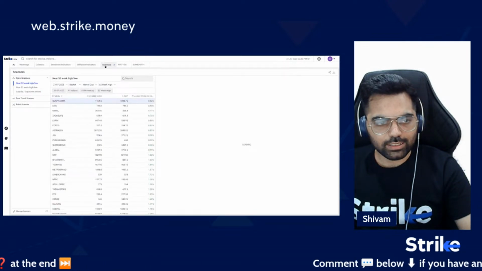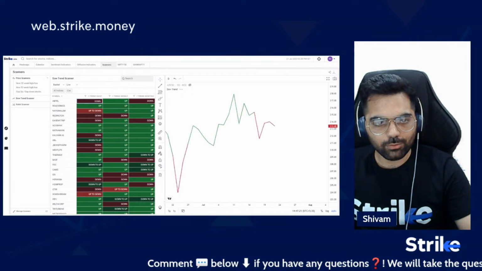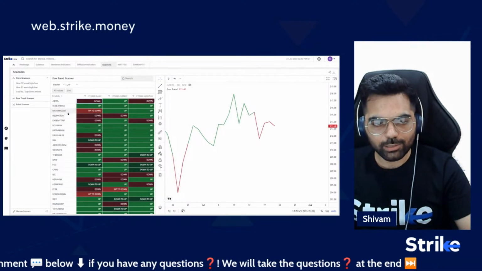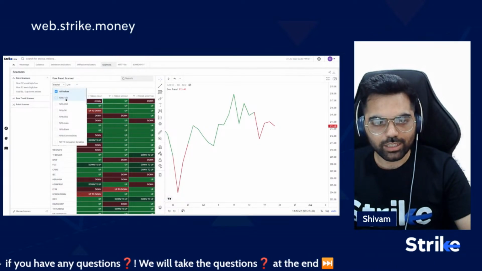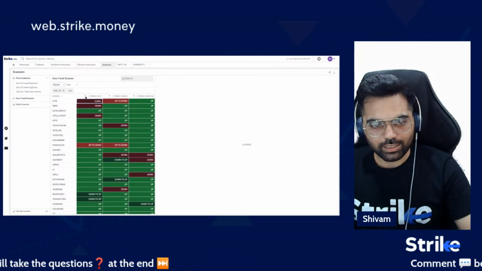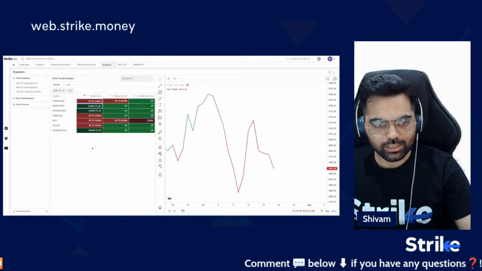Next, let's have a look at scanners. Let's see what stocks are showing us any downtrend reversals based on the RMI. So I'm going to choose Nifty 50 as a basket, and I'll see all the down to up, up to down signals for the day.